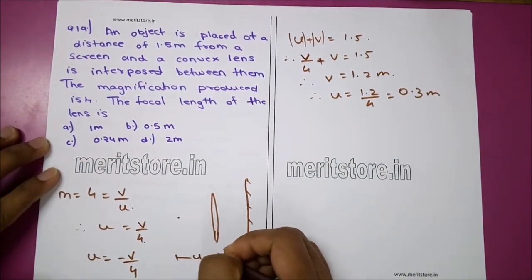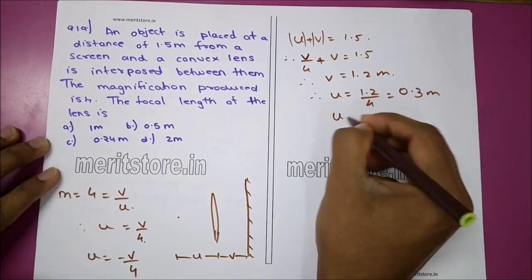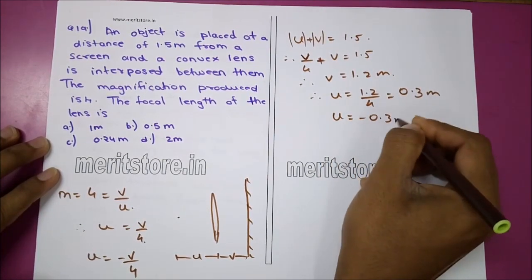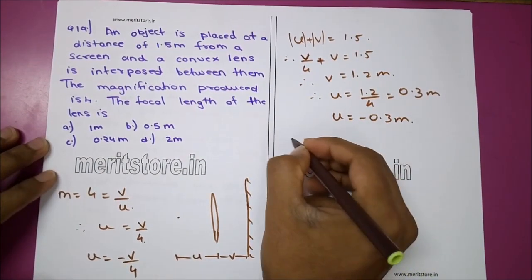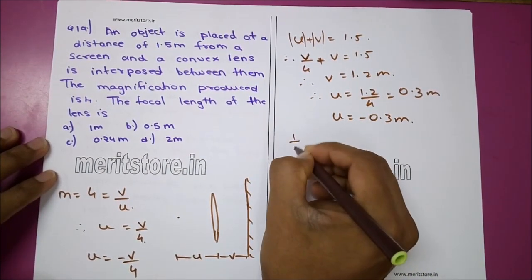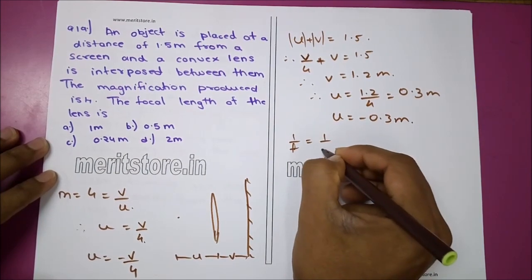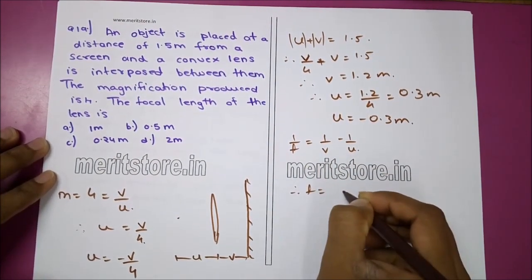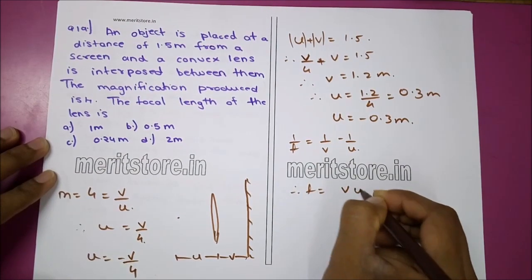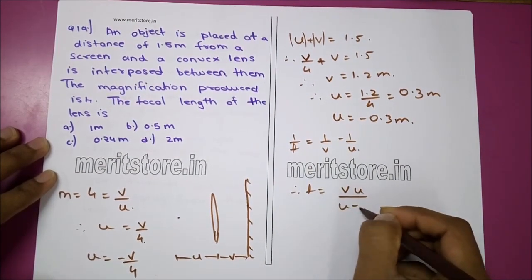But however, 0.3 meters is towards the left, so u is minus 0.3 meters from the lens. Now using the lens formula, 1 upon f is equal to 1 upon v minus 1 upon u. Therefore f is equal to v into u upon u minus v.